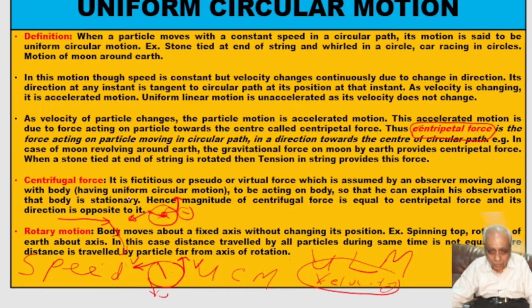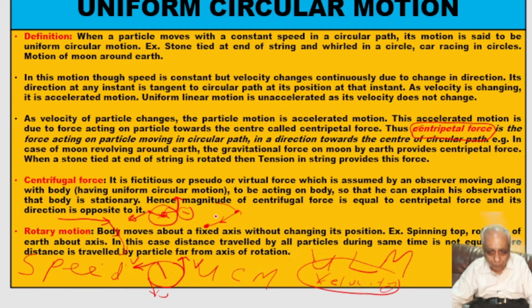So if you take a stone, this is a stone, you have taken a string and here you are holding it, now you are rotating this string in a horizontal circle or in a vertical circle. When you are rotating it, the tension in the string provides the centripetal force, and the stone will rotate in a circular path.